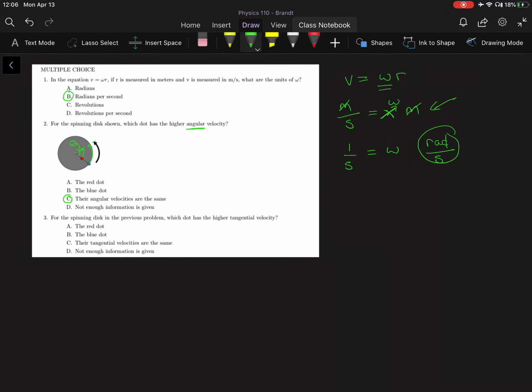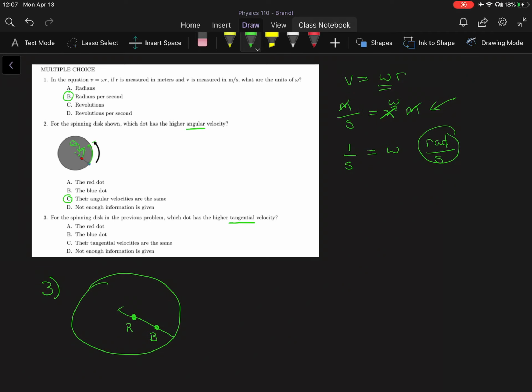So for number three, that same spinning disk, let's just rewrite it down here just so we have a little bit easier way of looking at it. So we've got the red here and the blue dot, which dot has the higher tangential velocity.